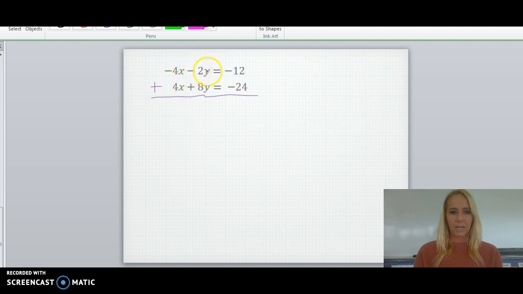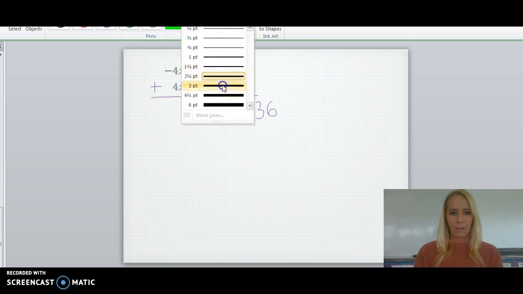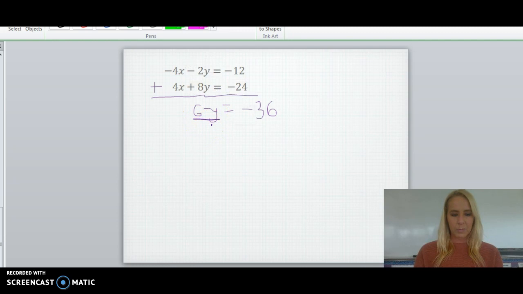So we're left with negative 2y plus 8y, which equals 6y, which is equal to negative 12 plus negative 24, which equals negative 36. Now I can solve for y by dividing both sides by 6. Negative 36 divided by 6 gives me y is equal to negative 6.